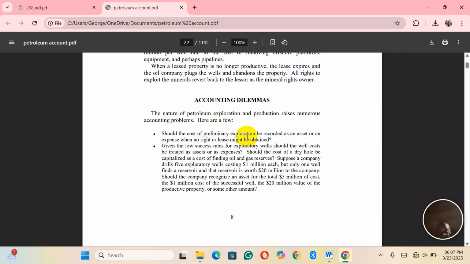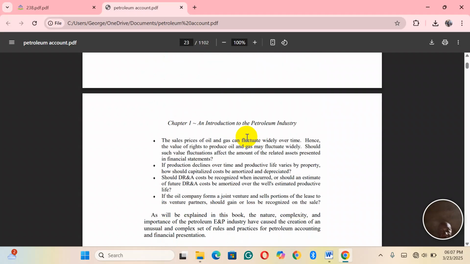The sales price of oil and gas can fluctuate widely over time. It can move any which way, and so should such value fluctuation affect the amount of the related asset presented in financial statements?